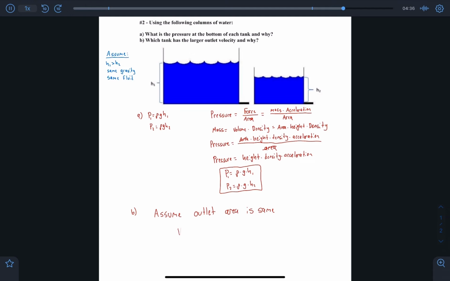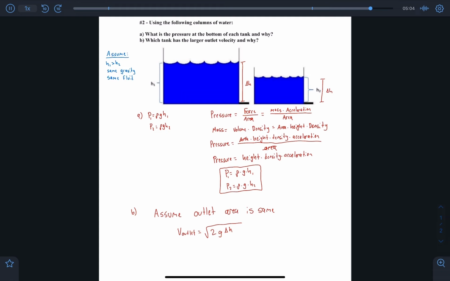And in problem 1, we found that V outlet is equal to the square root of 2 times our gravity times our change in height, where that delta H is the distance between the height of the tank and the height of the outlet. So in this case, the outlet's right at the bottom of the tank, so that delta H is probably just going to be equal to the respective height of the tanks.